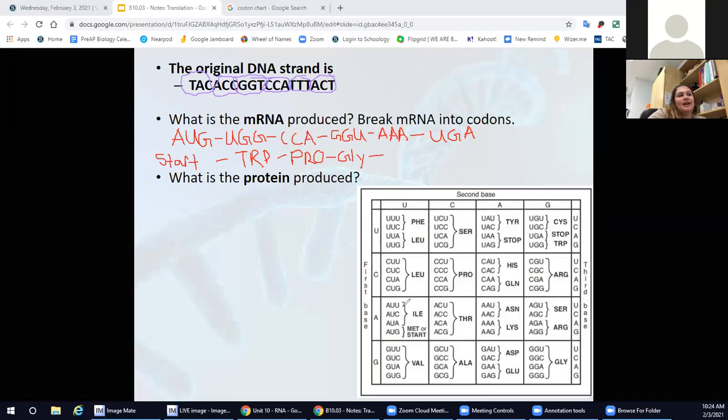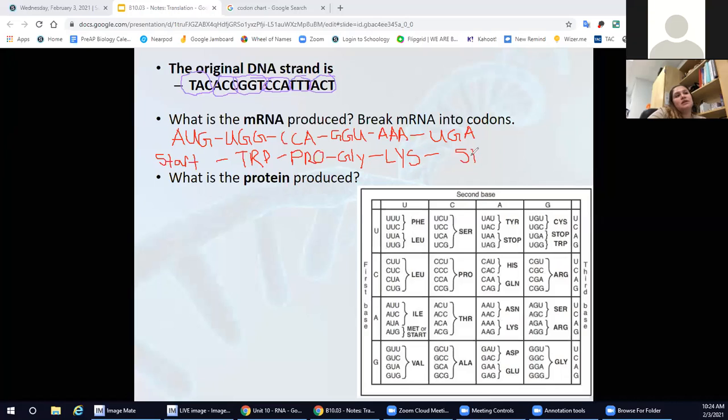Then I have AAA, so my first letter is A. Box is A. Last letter is A, I'm LYS. Then I have UGA. First letter is U, then I have a G, then I have an A, and that is stop.